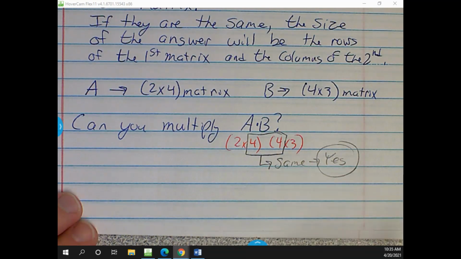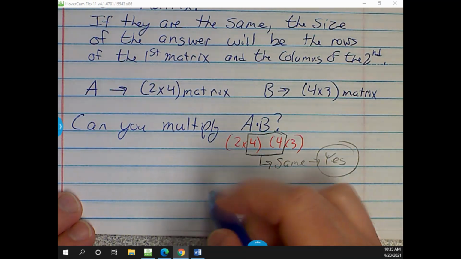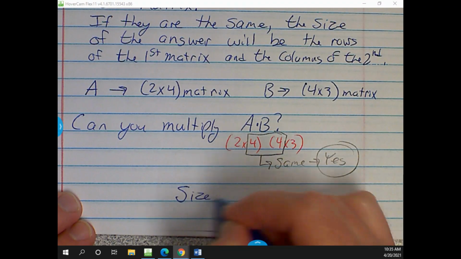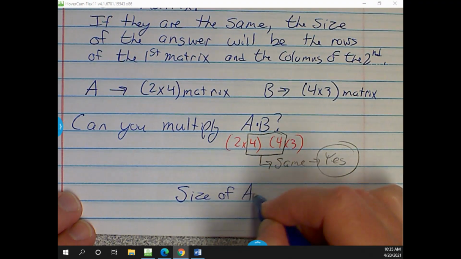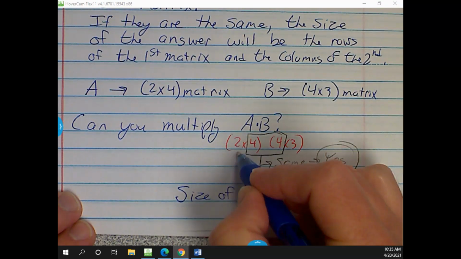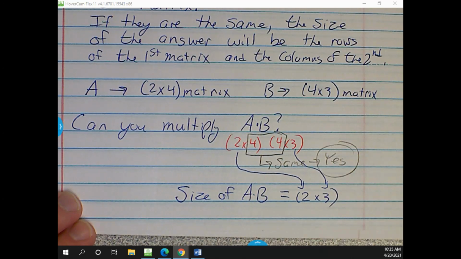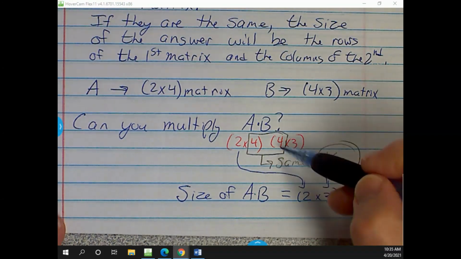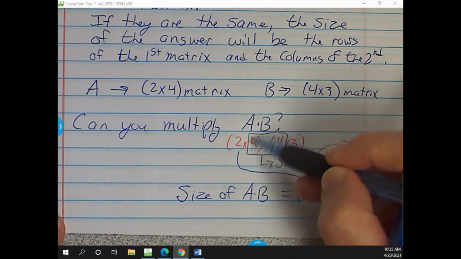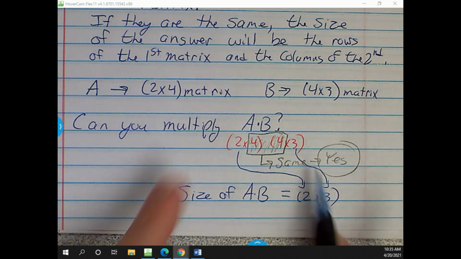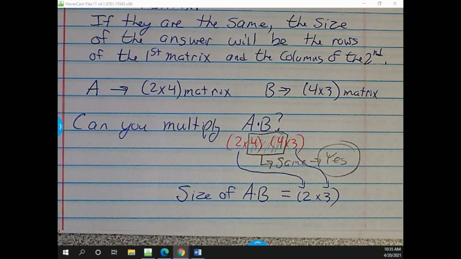If you multiply this one together, the size of AB in your answer, you just take the number left over here and the number left over here, and that's going to be a 2x3 matrix. So if these two numbers in the middle are the same, whatever numbers you've got left over are the size of the matrix you'll have: 2 rows and then 3 columns.